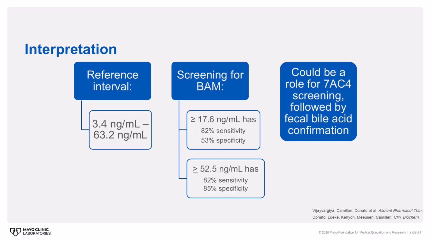A low cut point of 17.6 has very good rule-out clinical performance, such that with a concentration less than this, it is highly unlikely that the patient has bile acid malabsorption. A relatively high concentration of 7-alpha-C4 in the serum of 52.5 or greater is quite specific for bile acid malabsorption and can be considered a rule-in criterion.